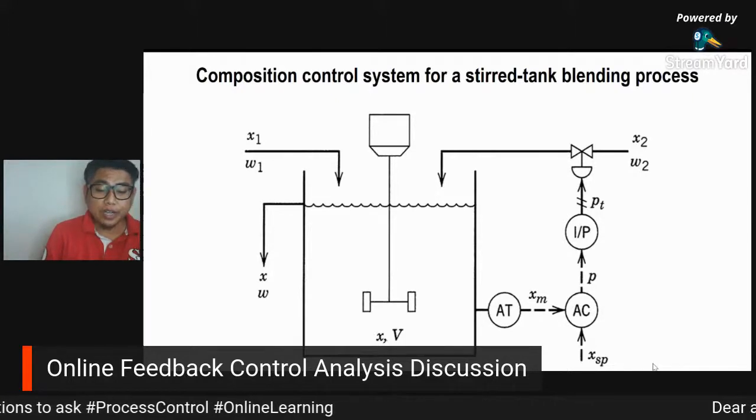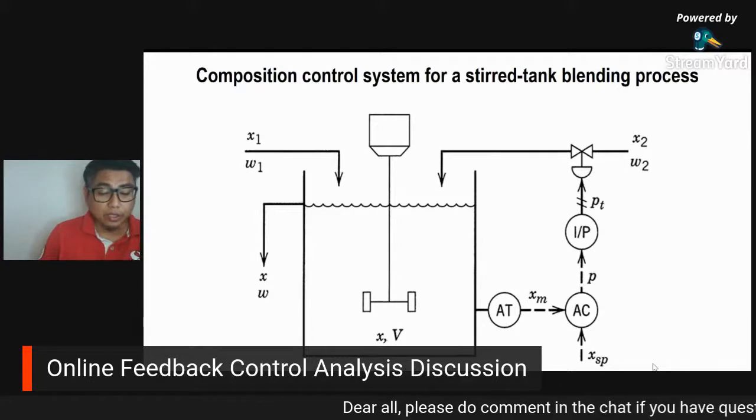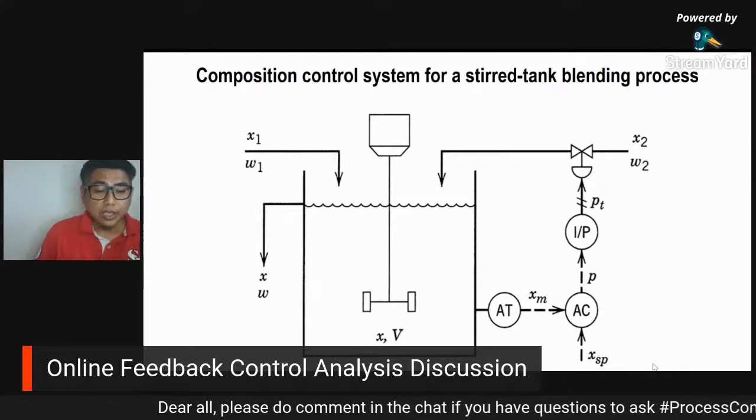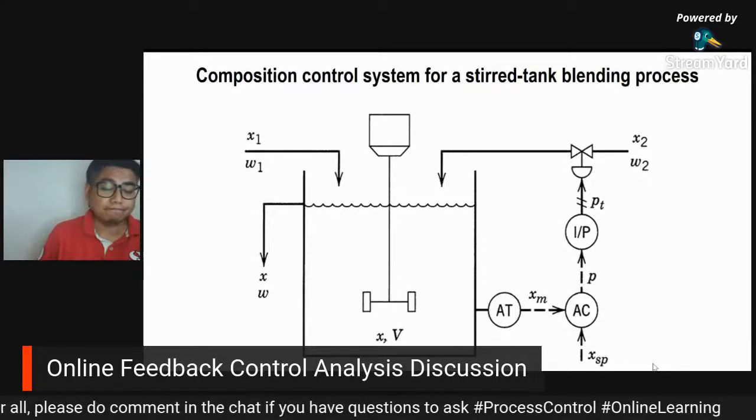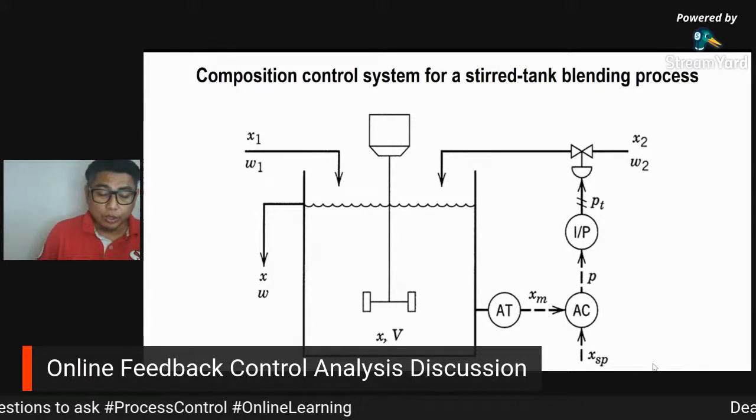Once we identify all of these, we do the mathematical modeling, on the composition in this case, and also the mass balance. So we have a composition balance and a mass balance, and after that we do the Laplace transform.